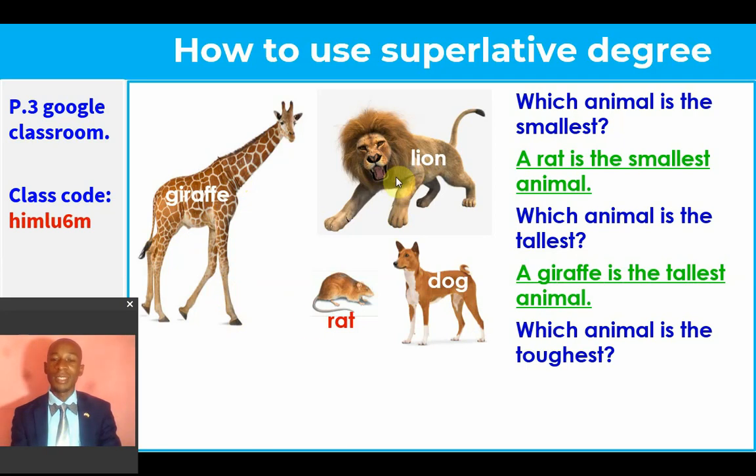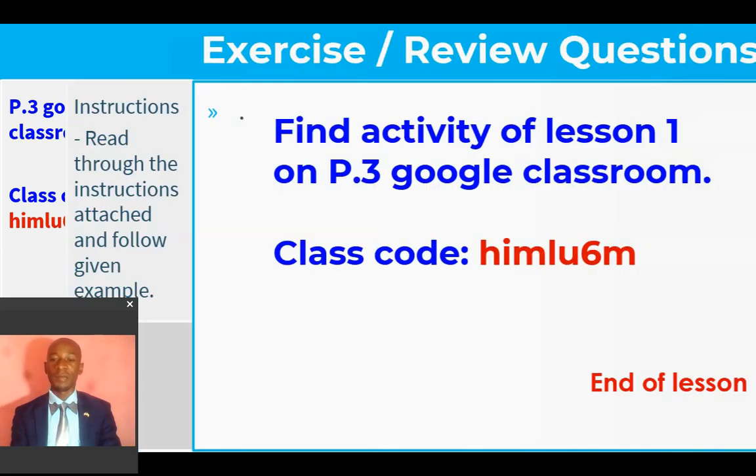The way it looks, it looks tough. So a lion is the toughest animal. A lion is the toughest animal. So my dear learners, this is enough for today.